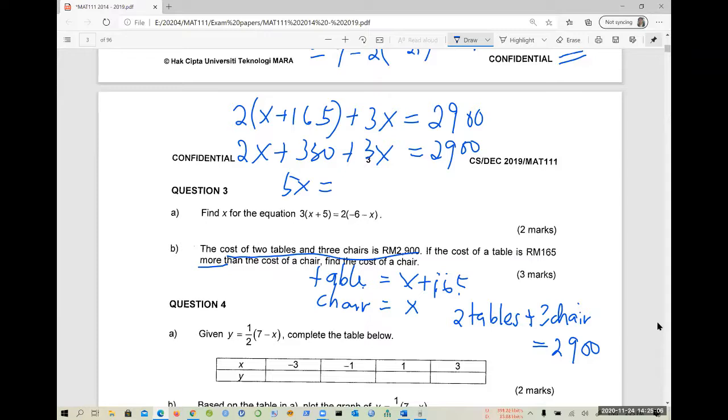So 5X is equal to 2900 minus the 330. So minus 300, you get 2600, minus 30, you get 2570. So that means in this case, X is equal to 2570 divided by 5.